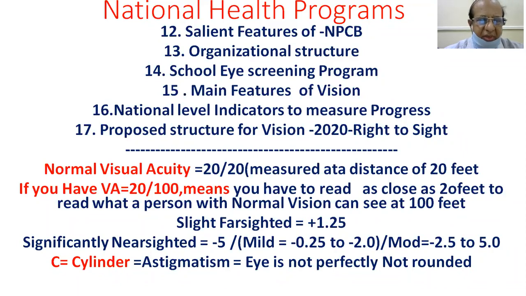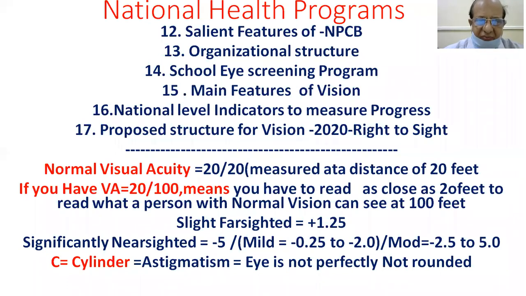So the lower one is the normal level, that is 100 is normal level, and 20 is for the patient or the person to be examined for visual acuity.